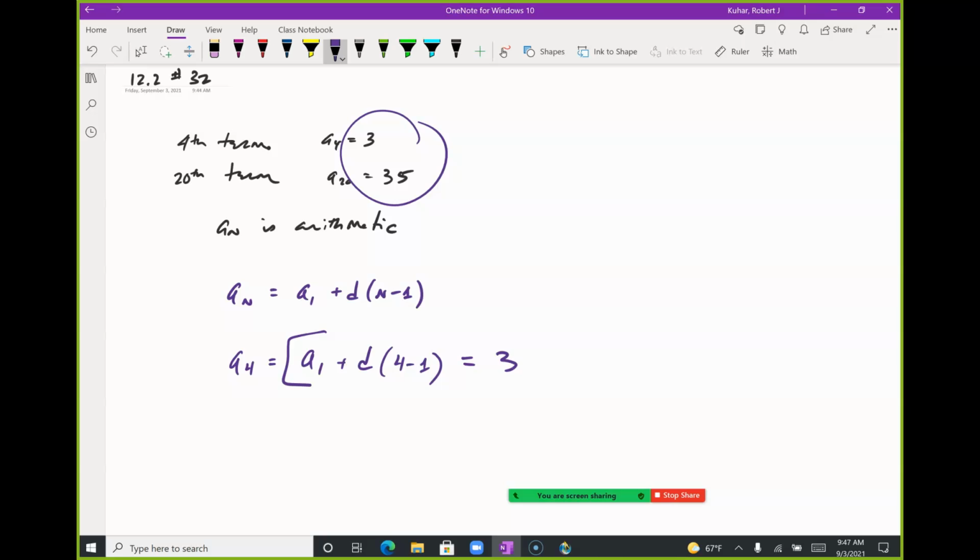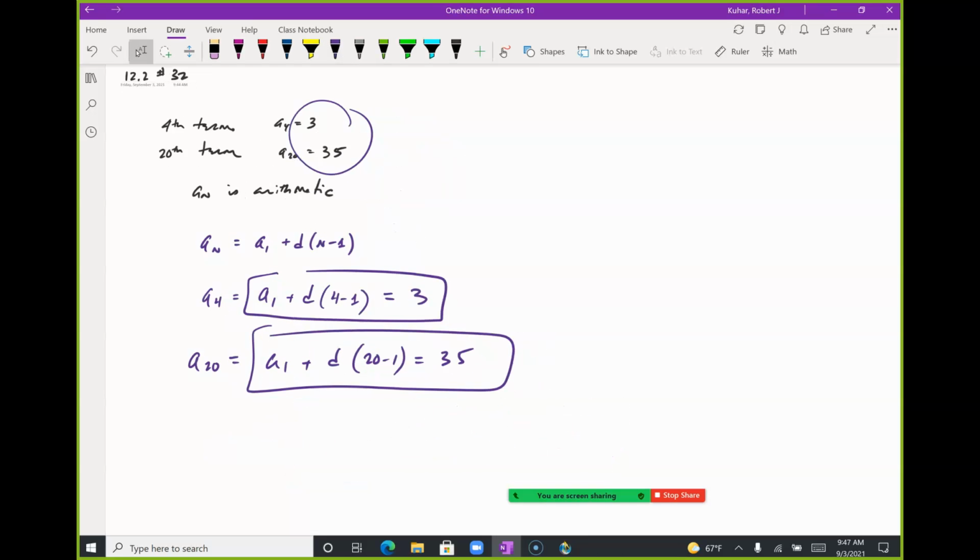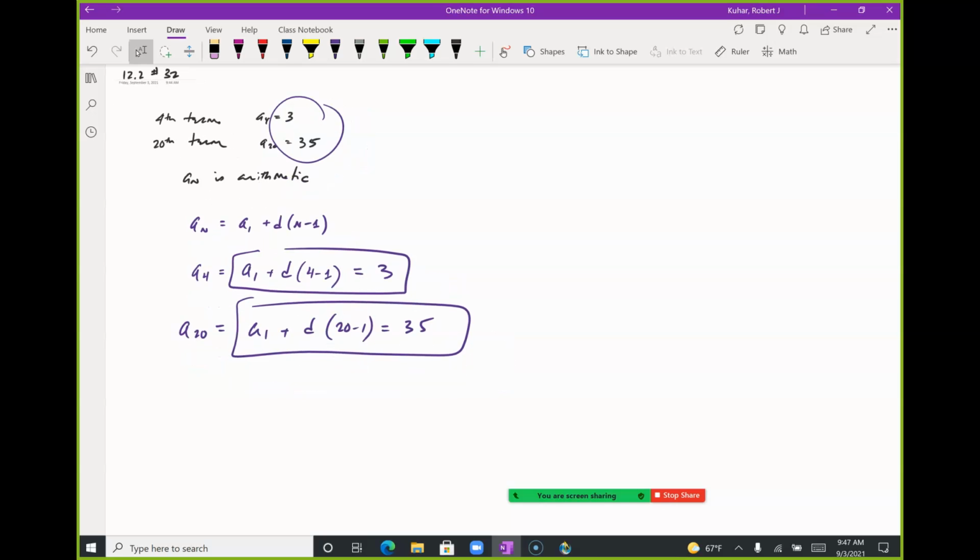So this particular thing equals 3. Now look at how many variables I have. I only have 2. So I'm going to do that again, a sub 20. I'm going to get a sub 1 plus d times 20 minus 1, and that's going to be 35. Okay, so there are my 2 equations I'm going to use. And now I'm back in Algebra 1 doing a system of equations, right? So help me here.